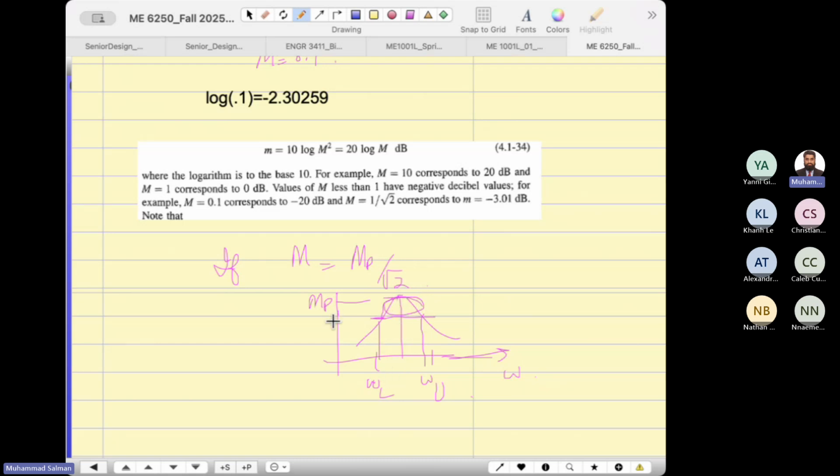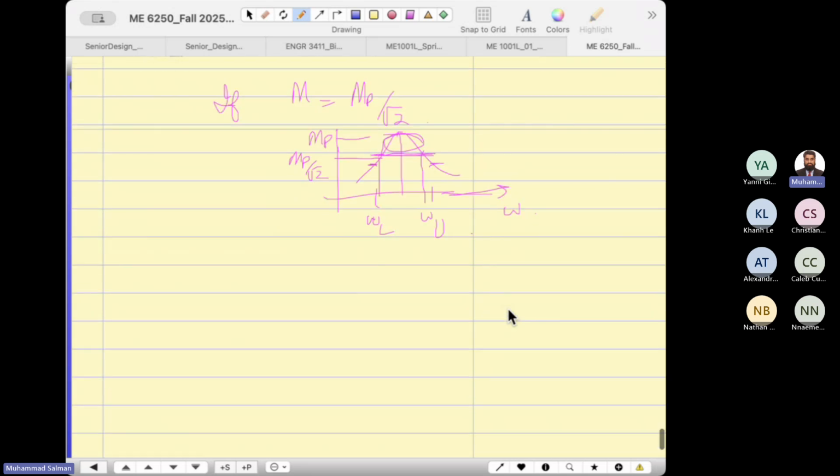So I will keep this amplitude above mp over square root of 2. If I'm above that value, then I'm having a meaningful amplitude ratio. But as soon as I go below this, it's not a prominent, dominant amplitude. So that's how we do the filtering, or what we call the bandwidth.